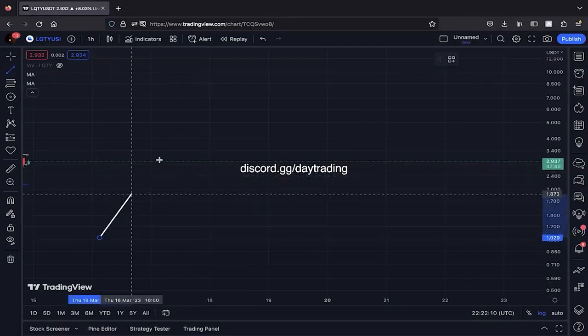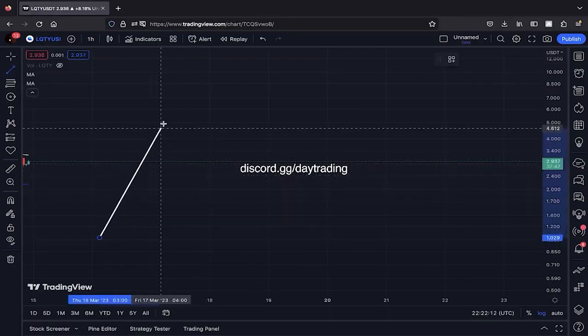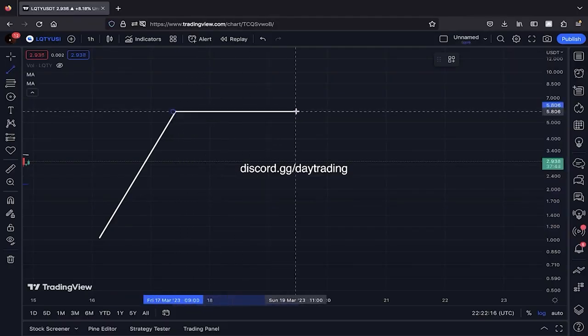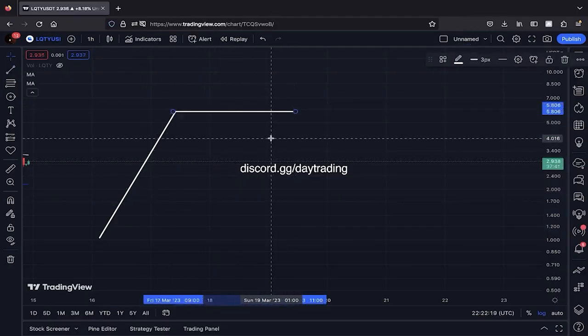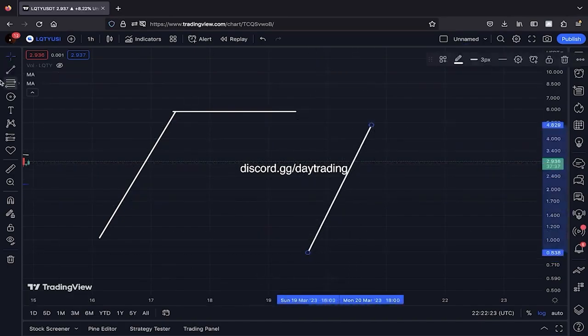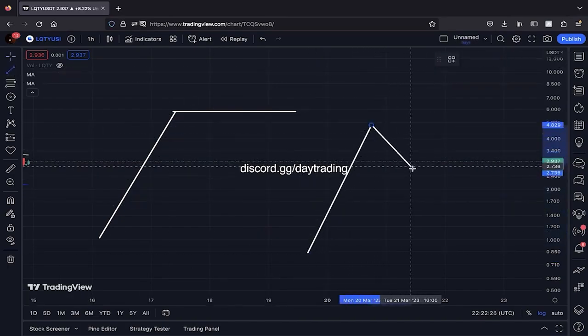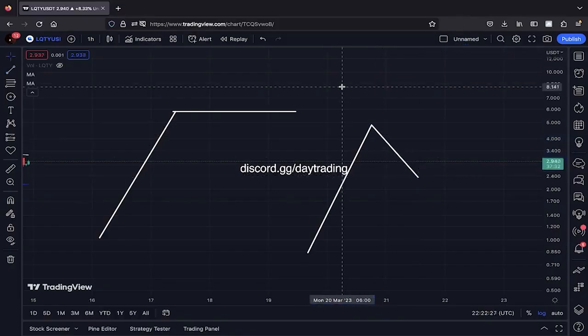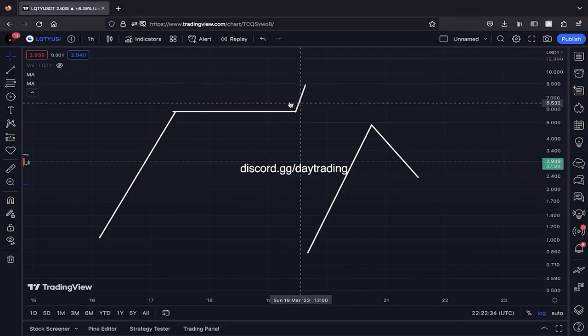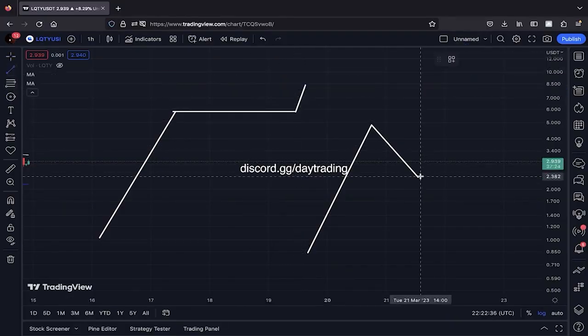So let's say we have a rally first, and then we get a base, we get a consolidation, and of course we're looking to play the breakout. And similarly, let's say we have a rally, and then we get that price correction and we get a pullback. So what happens if you miss this initial breakout and you miss this initial buy setup?